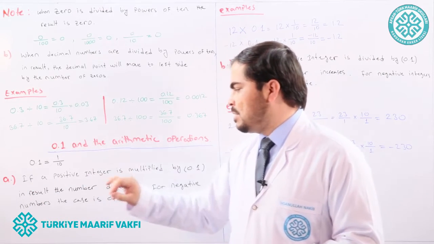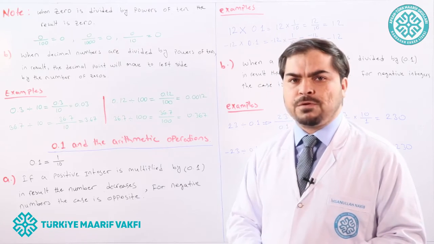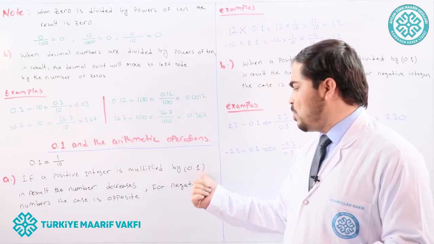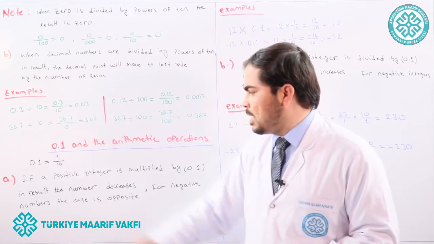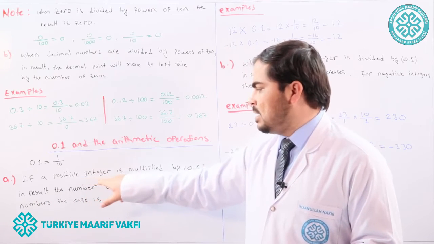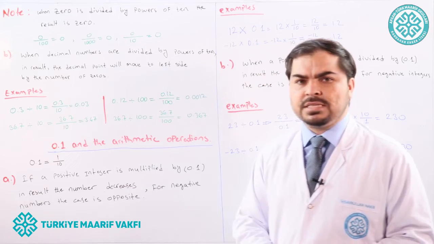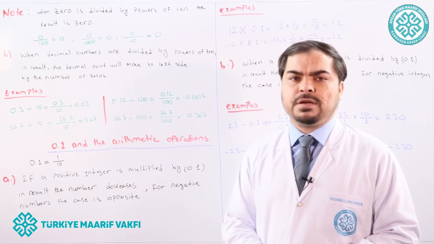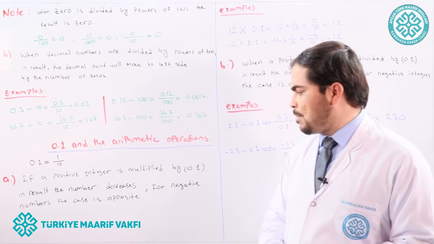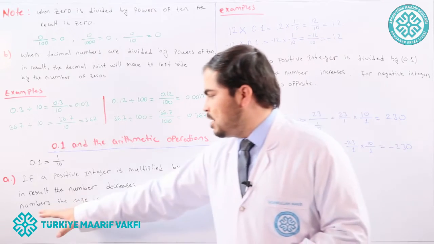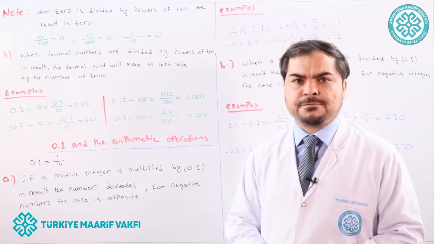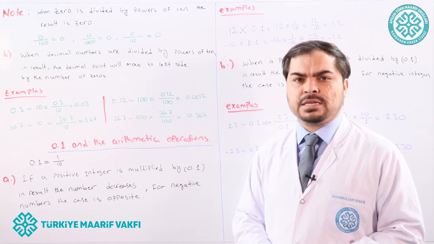If you have positive integers, for example 2, 3, 4, 6, 5, and it is multiplied by 0.1, which means 1 over 10, in the result the number decreases, getting smaller. If it is a bigger number and you multiply by 0.1, it will become a smaller number. Now for negative integers, for example -3, -5, -8, -12, -18.